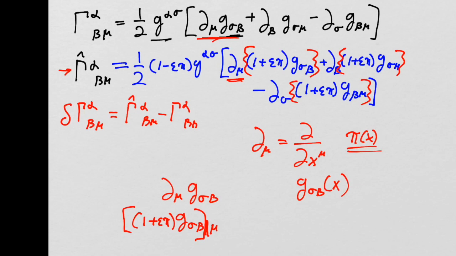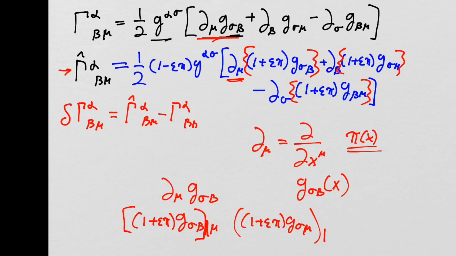So I guess the way to say it is this: 1 plus epsilon pi g sigma beta. I can go either sigma mu of the whole thing and then make sure I put brackets like that, or I could put brackets like that and then put a single line.